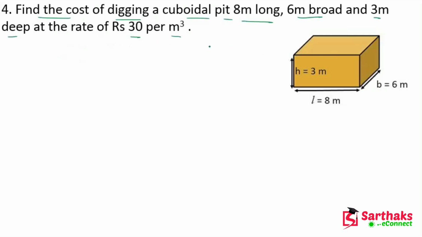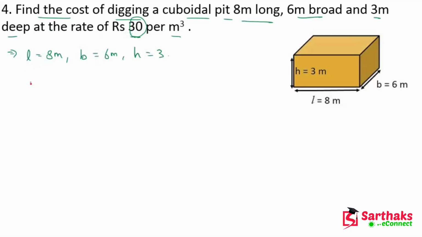Here we have L is equal to 8 meter, B is equal to 6 meter and H is equal to 3 meter. First of all we have to find the volume of this pit, and then multiply with 30, because the cost for 1 meter cube volume is rupees 30.